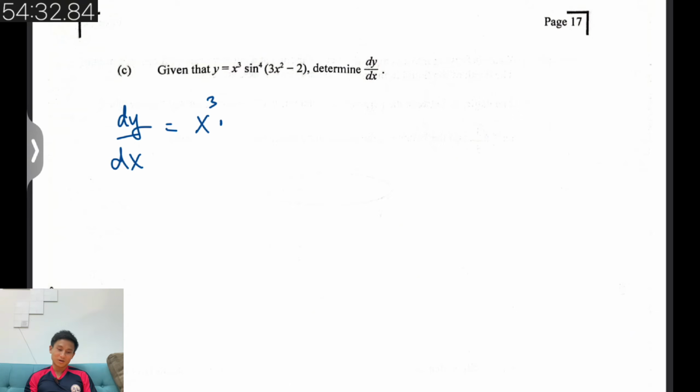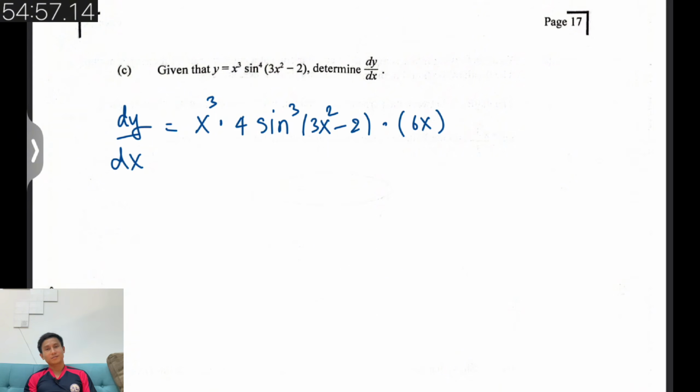Just check out the video there and don't forget to come back. So we bring the power down, this is the power rule: 4 sine to the 3, and the argument doesn't change. But because the argument is not x, it's a complicated expression, we differentiate the inner part, and we get 6x.